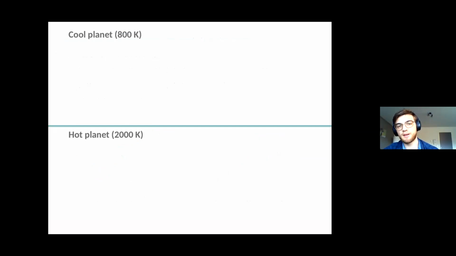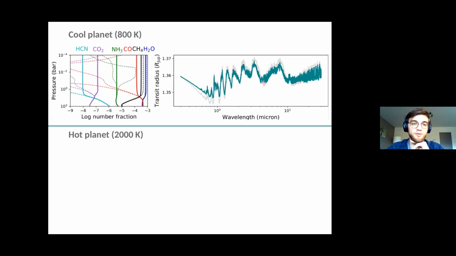Then we can also have a look at different models. We can do this analysis for every model in the grid, of course. But if we do the comparison between a cool planet and a hot planet, then we can start to draw some conclusions. So for a cool planet, this is the step including everything, the last step that I show.